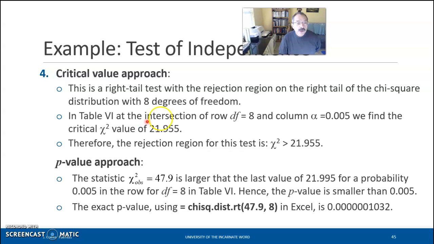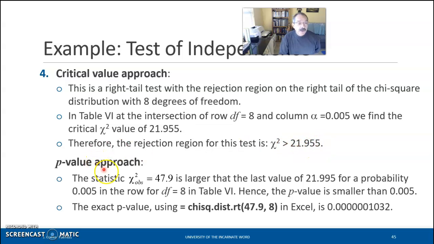To find that critical value, we look at the row of 8 degrees of freedom and look at the column at the top with the probability of 0.05. If you look at table 6, again, you will find that the critical value is 21.955. So the rejection region is for any chi-square value larger than 21.955.